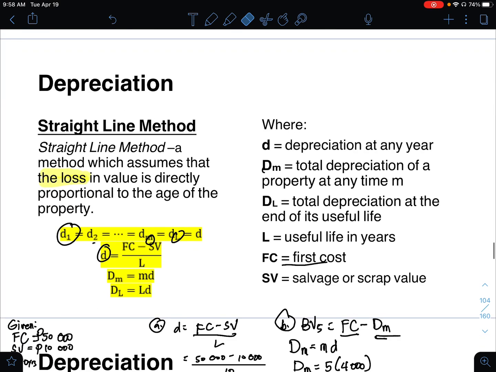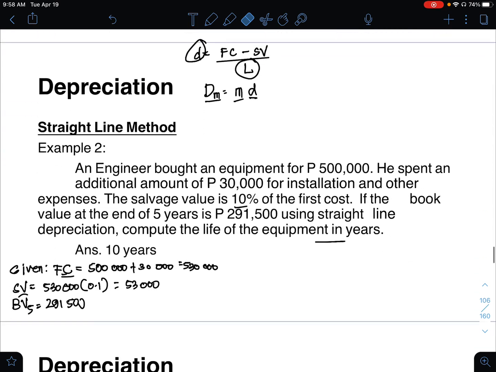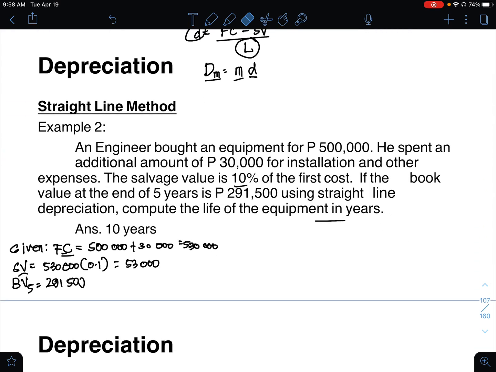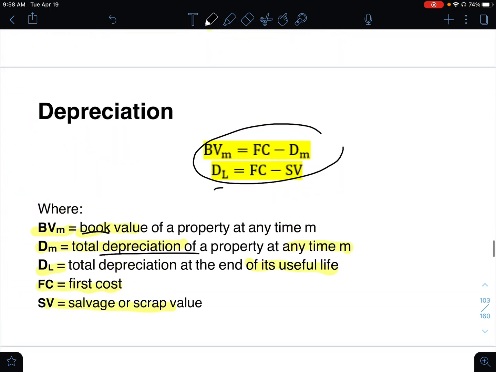So, therefore, we use this formula for this kind of problem. Now, BVM is equal to FC minus DM. Is my formula correct? BVM is equal to FC minus DM?